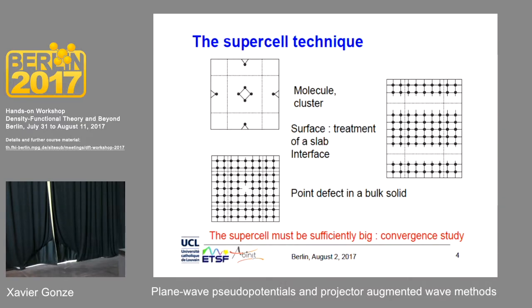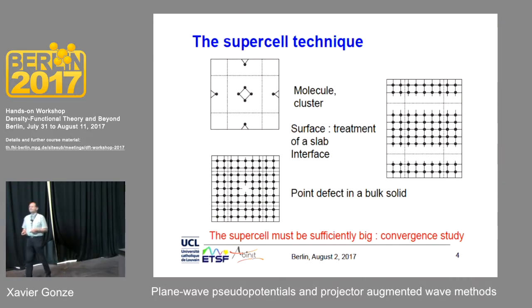A few figures at this level. If we want to deal with a cluster, well, we will have it placed inside a cell that we repeat periodically, and as soon as the distance between the cluster here and its image in the neighboring cell is sufficiently large, that's no problem.